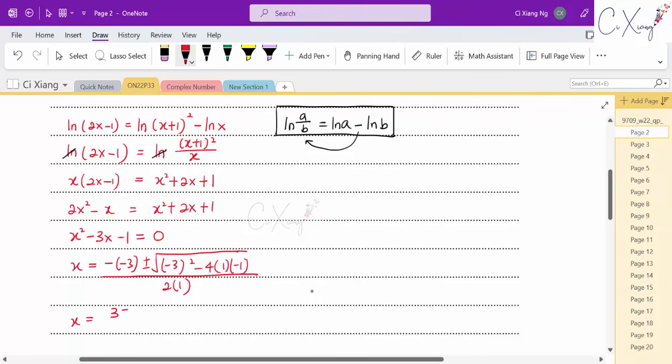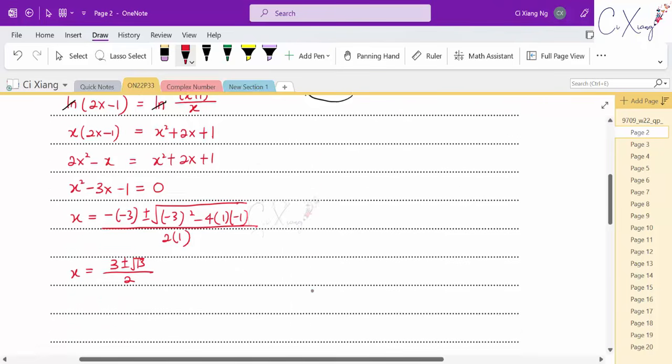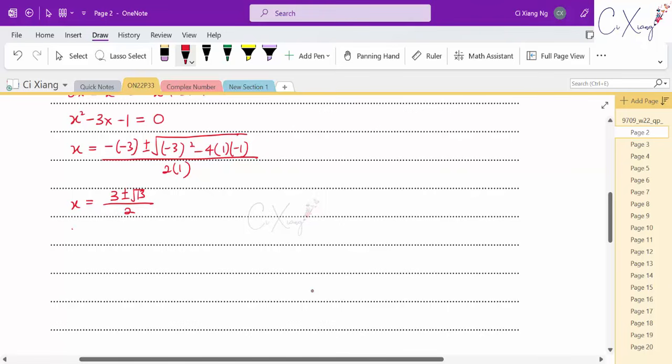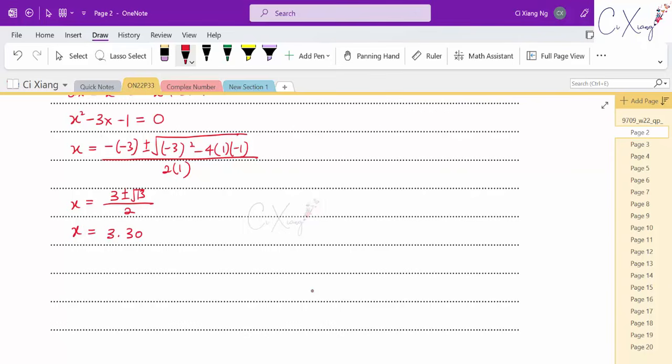By right, you should have 3 plus minus square root 13 divided by 2. If you change it to decimal numbers, we should have x equals 3.303, and the other value that I get will be x equals negative 0.303.